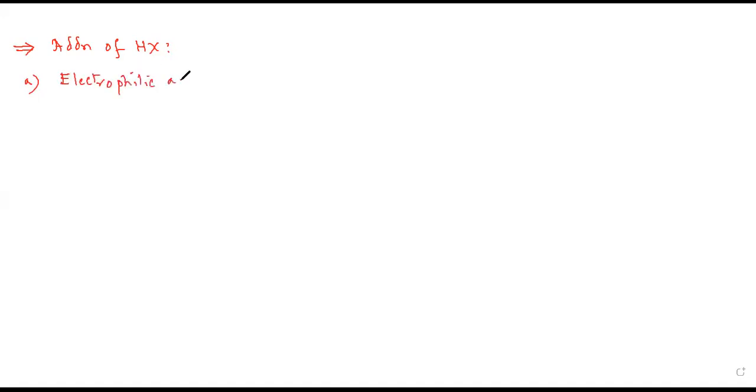Electrophilic addition, or let me say ionic mechanism. And there is some other thing which goes via a free radical, a more stable free radical. So that's a free radical mechanism which occurs in the presence of peroxide. Let us first go for this electrophilic addition.